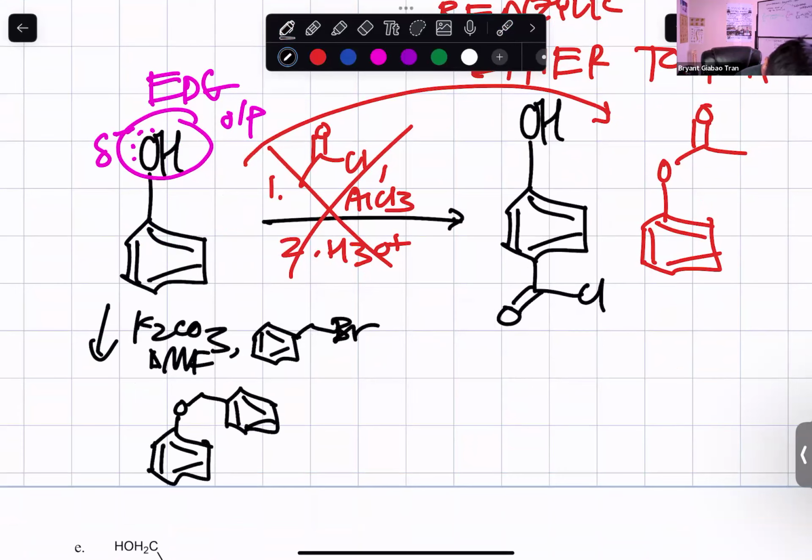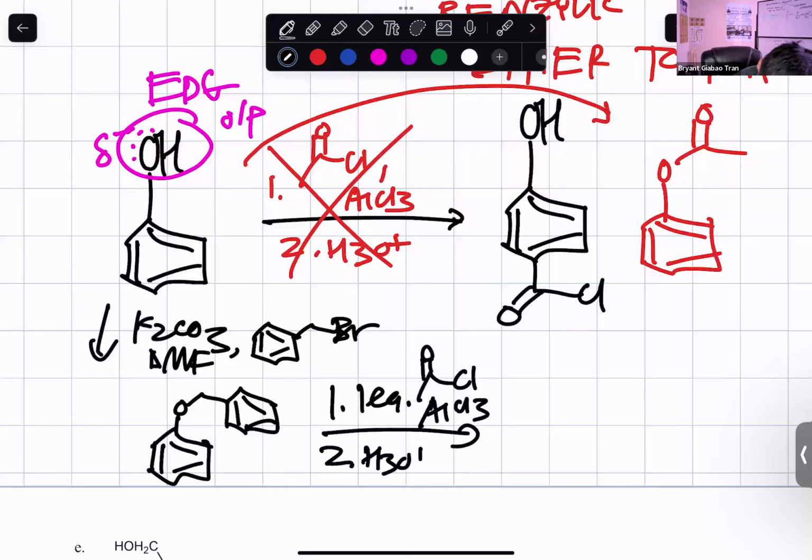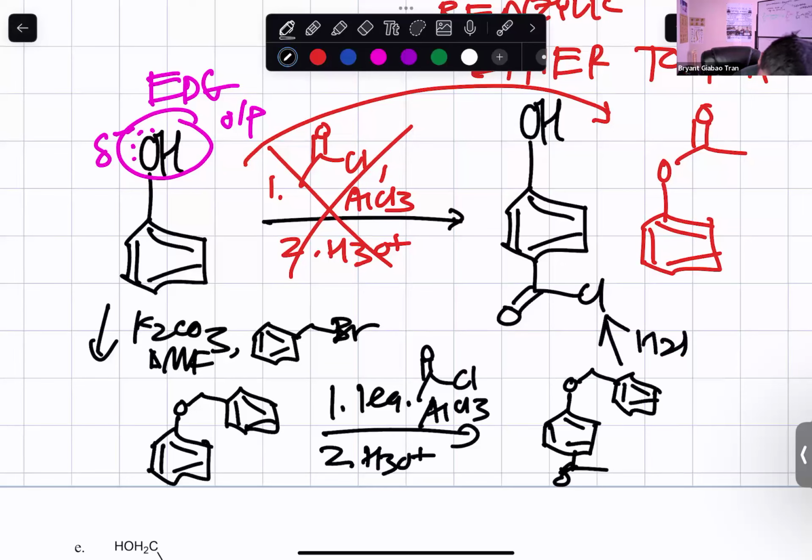And then we could do the acyl halide reagent, AlCl3, second step acid workup, to add that acyl group to where we want it to be, ortho to the EDG, and then deprotect the benzylic ether with H2, Pd/C.